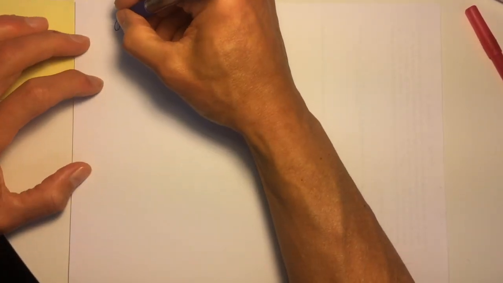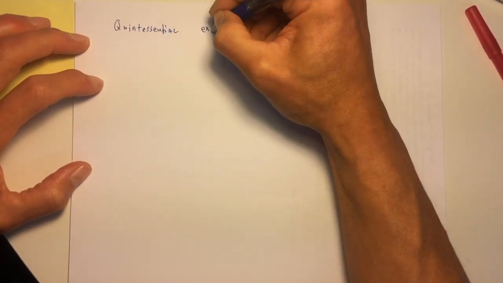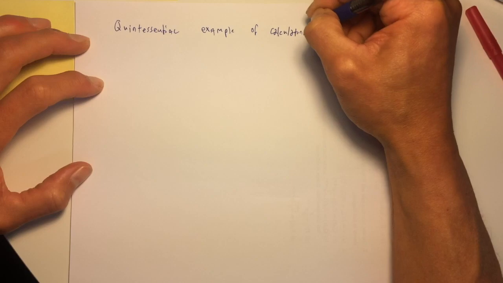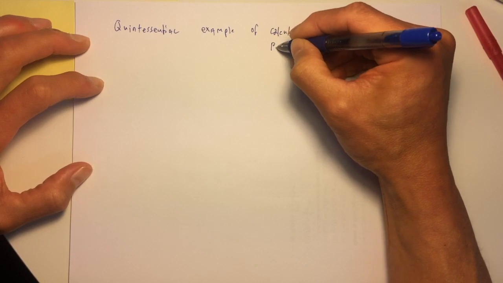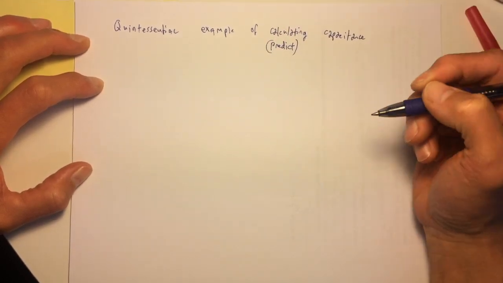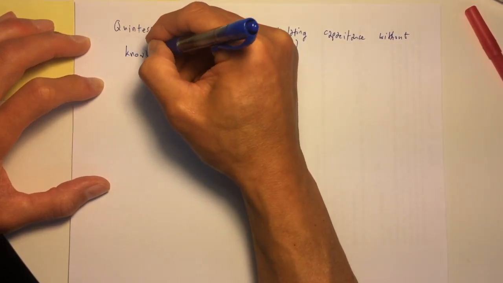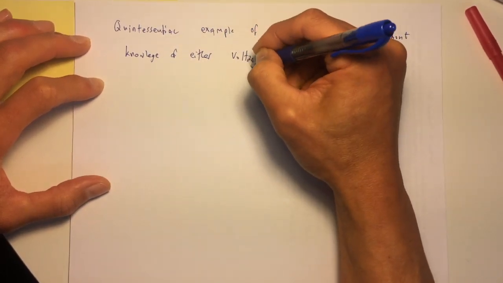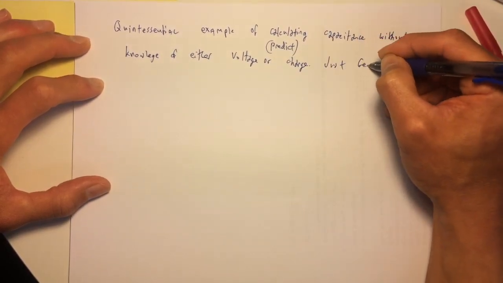Okay, so the last thing I wanted to describe is the quintessential example of calculating capacitance. We are going to predict the capacitance without knowledge of either voltage or charge, just geometry.